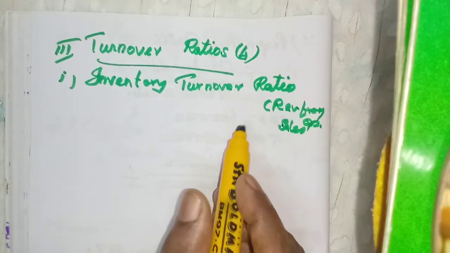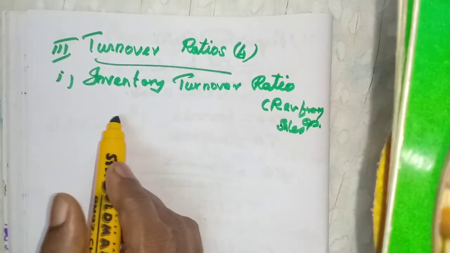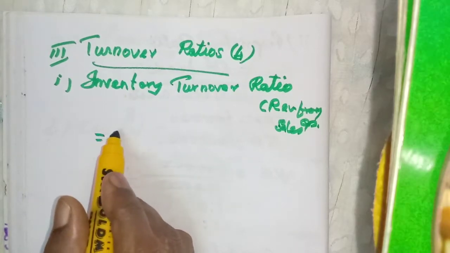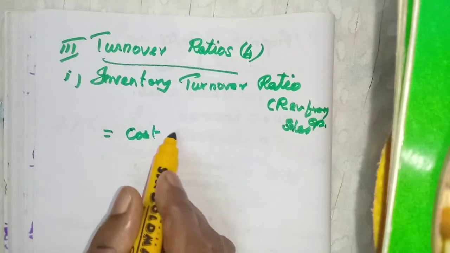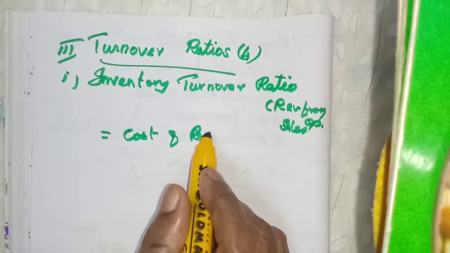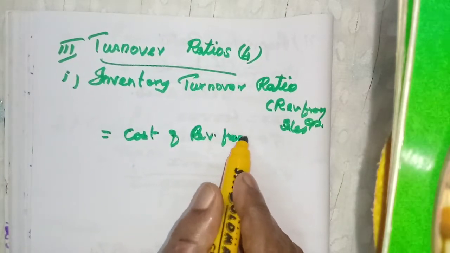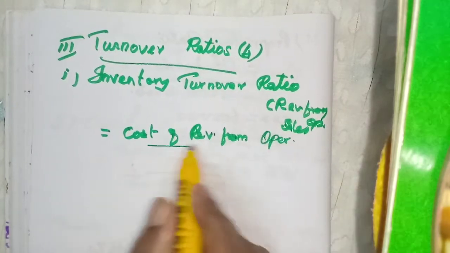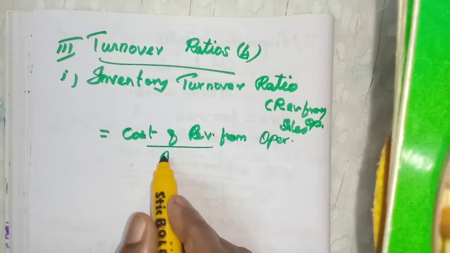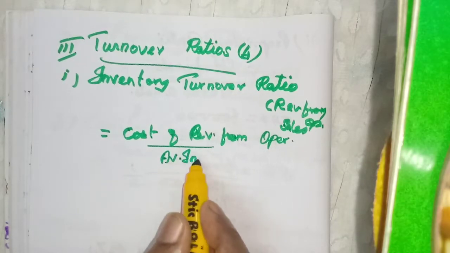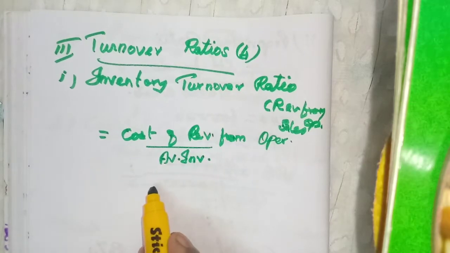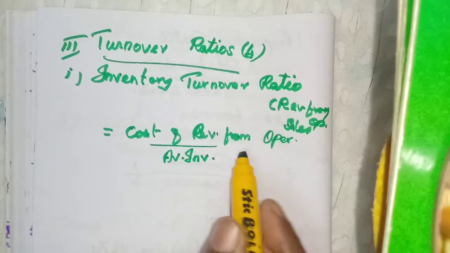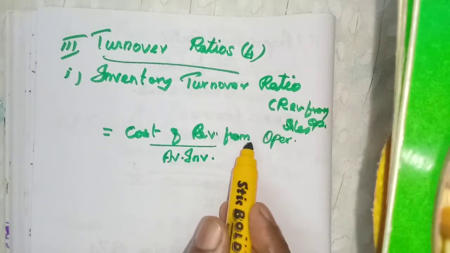The formula is: inventory turnover ratio is equal to cost of revenue from operation divided by average inventory. Here, cost of revenue from operation is nothing but cost of goods sold.